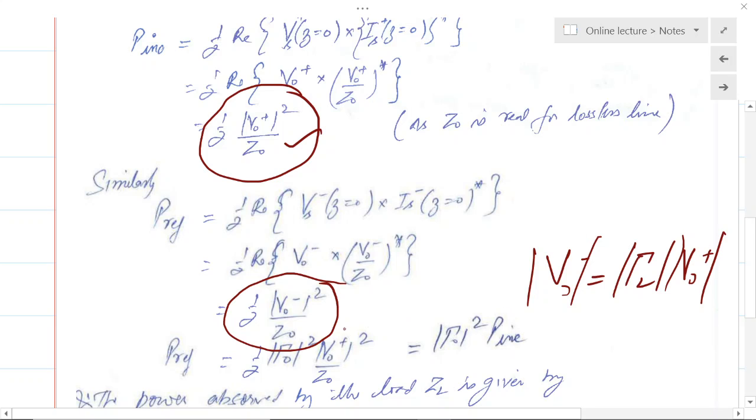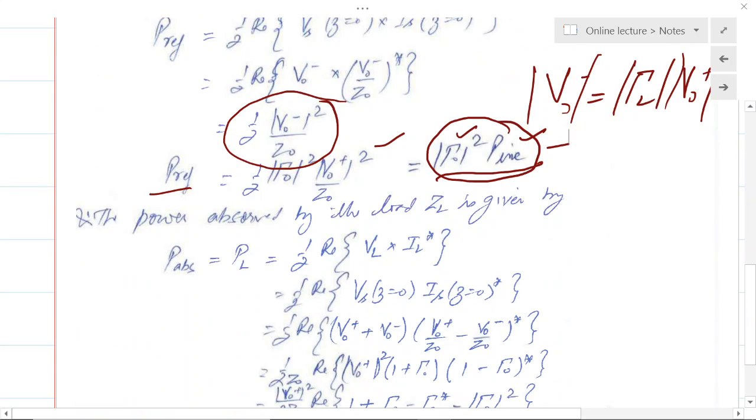So when you take the magnitude using this expression, you find this will be half, gamma naught and gamma L are the same thing here because the load is connected. So gamma naught whole square is here. You can take it out, and it will be just gamma naught square into P incident. So once you know the incident power and you know the reflection coefficient, you can find the reflected power by just multiplying by the square of this. So this is a relation between the reflected power and the incident power. The reflection coefficient gives you the relation between the incident power and the reflected power.